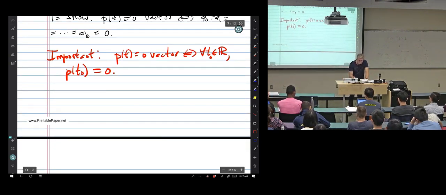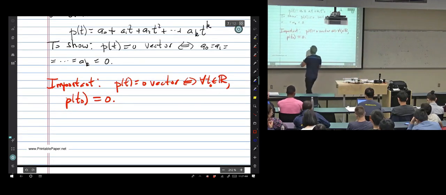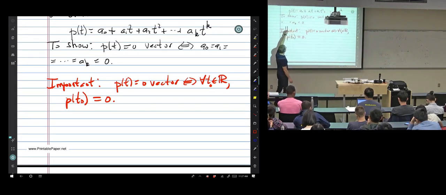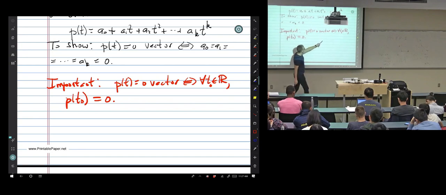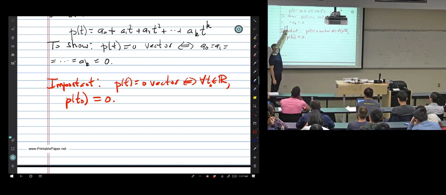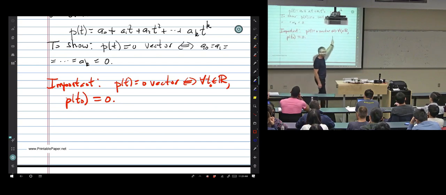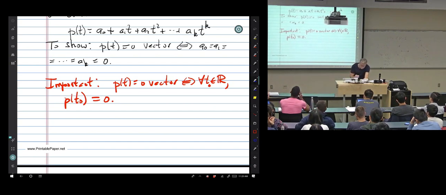Okay. So there's my polynomial. Now, what if I happen to take t0 equals 0? What do I learn about my coefficients? I get A0 is 0, right? So I just observe.